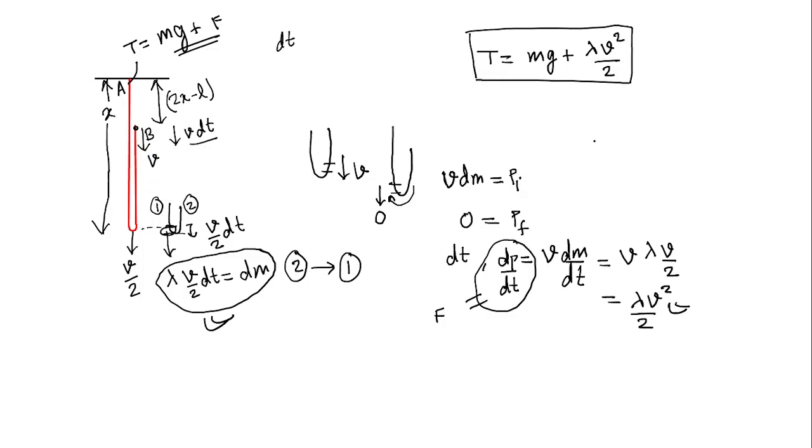So what is happening when the whole string is open? We have T equal to mg plus lambda V square by 2. When the whole string has opened and its length is L, what is the total mass of the hanging string? Total mass is m only. What is the velocity of this point? B has now reached the lowermost point.